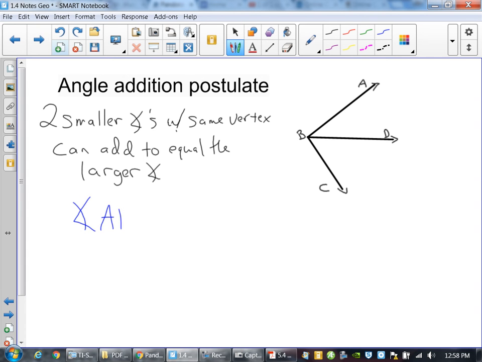Angle ABD plus angle DBC equals angle ABC. Notice what all three of those angles have in common. B. Notice it's the second letter for all three of them. Which means it's the what for all three of them? Vertex, very good. All three of those angles have the exact same vertex, so I can add these guys together.